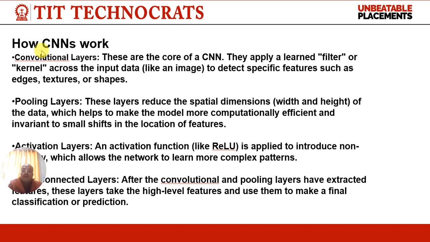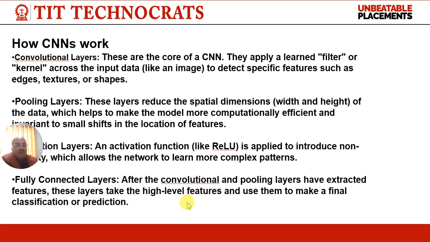Now the pooling layer reduces the spatial dimensions, like the width and height of the data, which helps to make the model more computationally efficient. Here we also use an activation function like ReLU, and the next layer is a fully connected layer.